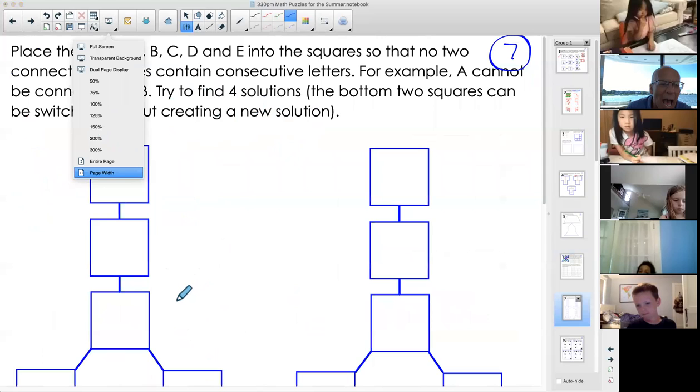No 2 connected squares can contain consecutive letters. Let me show you what a consecutive letter is. A, B, C, D, E.